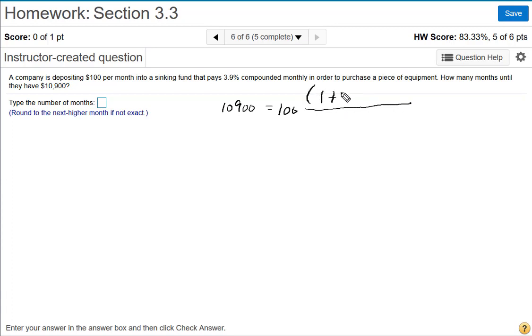The interest rate is 3.9, or 0.039. It's compounded monthly, and we want to know how many months. Now, if we just use the n here, it will come out to be the number of months. If we use t, it will come out to be years. And of course, we would have to have t times 12 there, and then we'd have to convert that back into months anyway. So we'll just use the n for months.